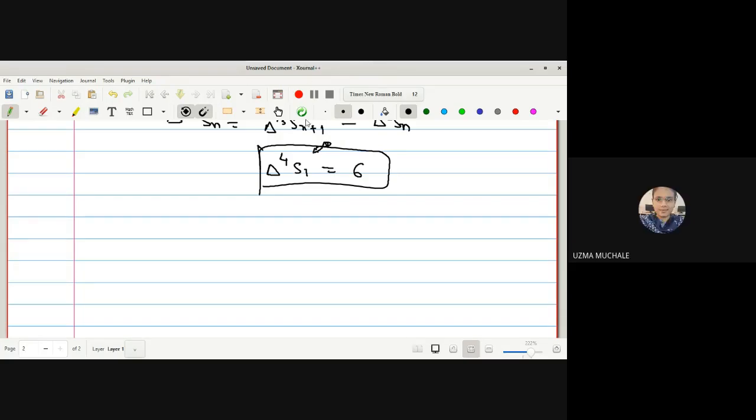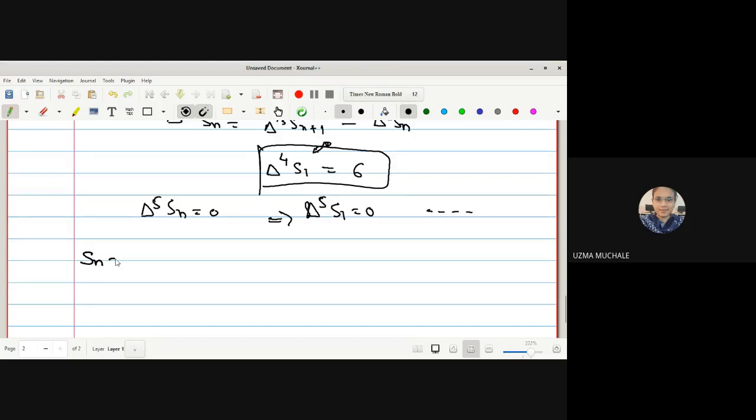Correct. Everyone getting this? Delta raised to 5 Sn is equal to 0, which means delta raised to 5 S1 is also 0, and the next order will be again 0.